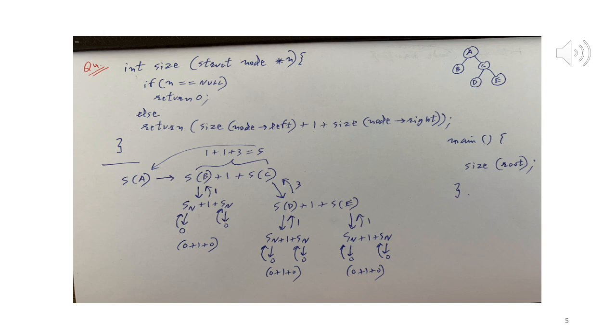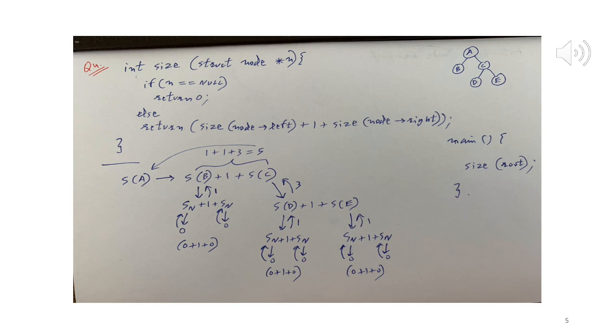So now that gives us, that returns s B. Why? Because size node arrow left, right? I think there's probably a typo here. Change node arrow left to n arrow left, and change node arrow right to n arrow right. So the last return should read size n arrow left plus 1 plus size n arrow right.